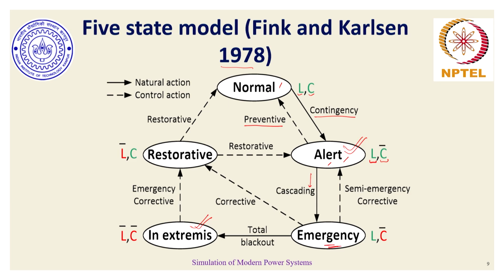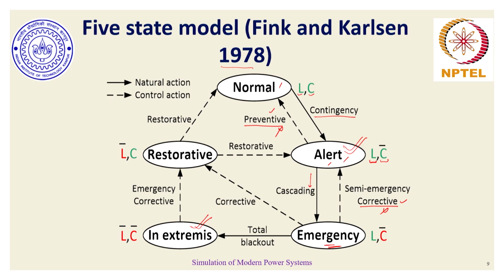Even when the system is in emergency mode, there is still a control action possible, which is often called the corrective control action plan. I'll explain preventive and corrective in detail when I go to the next slide. Suppose nothing is done, no preventive action happens, no corrective action happens, then from emergency mode it will go to a blackout condition, and in blackout, the entire network is blacked out.